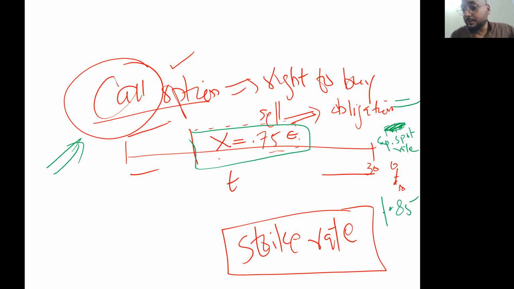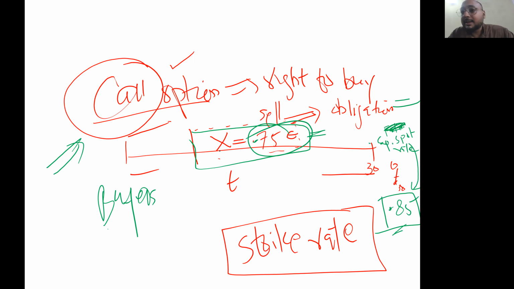After 30 days, the spot rate in the market is 0.85, and you want to buy the dollar. The dollar is now expensive in the market, but in the option it is cheaper. If the buyer asks the seller to fulfill the contract, the seller will be selling you the dollar at 0.75 euro.